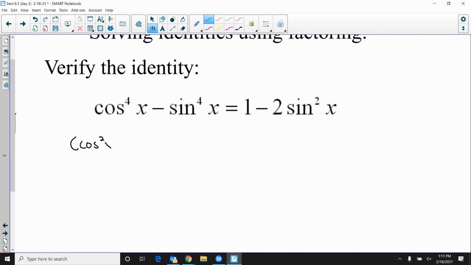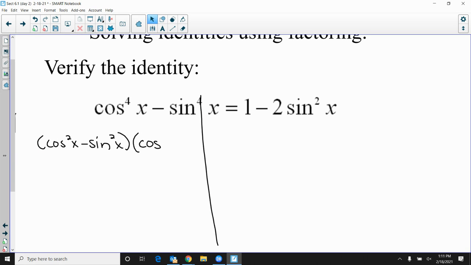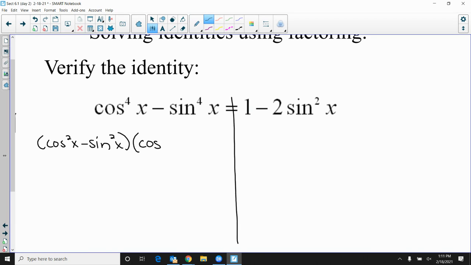cosine squared x minus sine squared x times cosine squared x plus sine squared x.